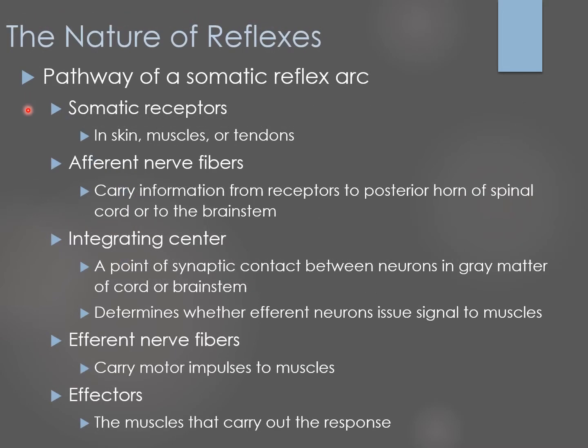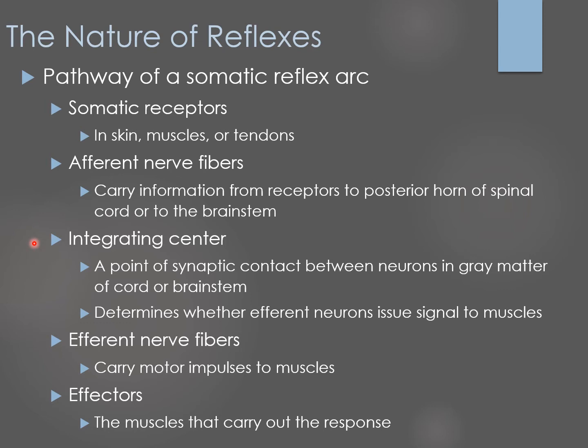This is the pathway of a somatic reflex arc. You've got those receptors. They're in the skin, in the muscles, in tendons. Then you have those sensory neurons, those afferent nerve fibers that are going to carry the information from the receptors to the posterior horn of the spinal cord, or sometimes to the brainstem. Then you have the integrating center.